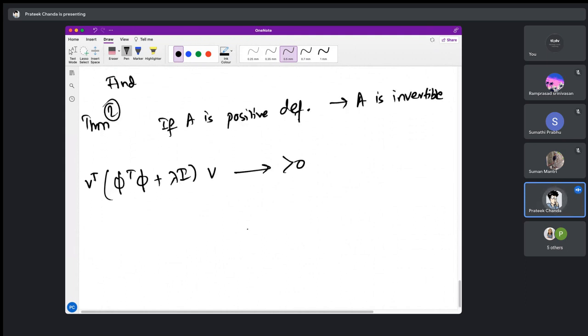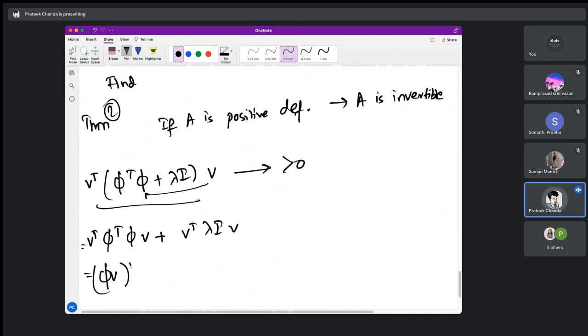We expand this thing: v transpose phi transpose phi v, and I multiply it out to get v transpose lambda I v. If you see here, the first term is like (phi v) transpose (phi v); I wrote it that way because the transpose gets inversed for the product.